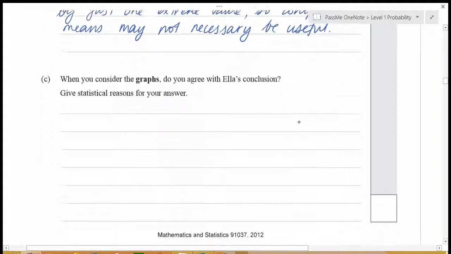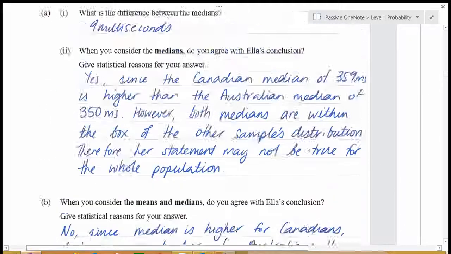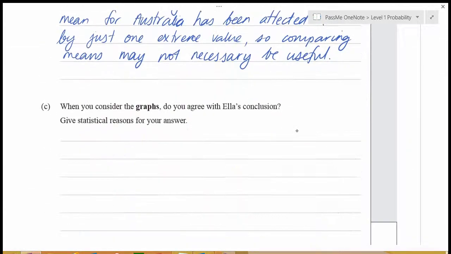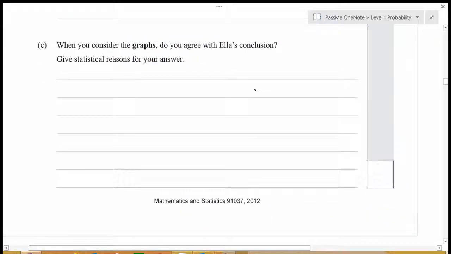Okay, when you consider the graphs, do you agree with Ella's conclusion? Well, let's look at the graphs. We've got two graphs here. We've got a dot plot, which shows a distribution. If I drew out the distribution, in both cases I see something very, very similar, except for this extreme value out there. So as far as the distributions go, I'd say no. So we'll start with that.